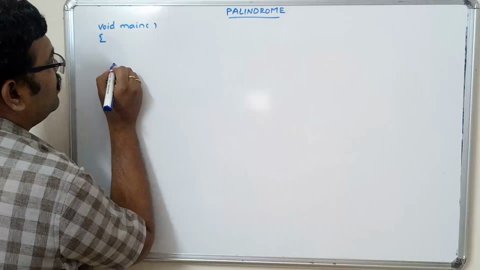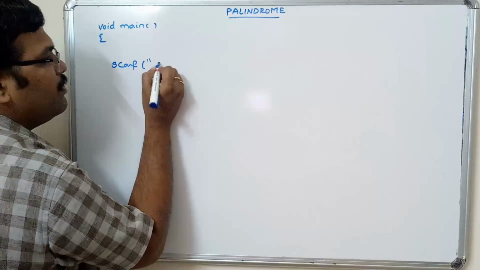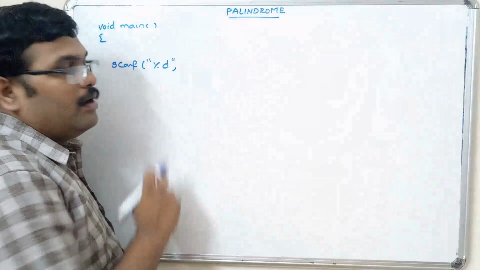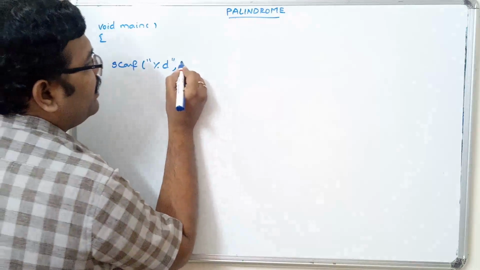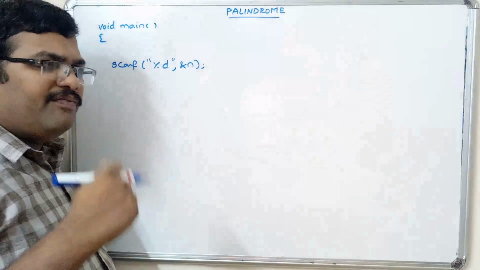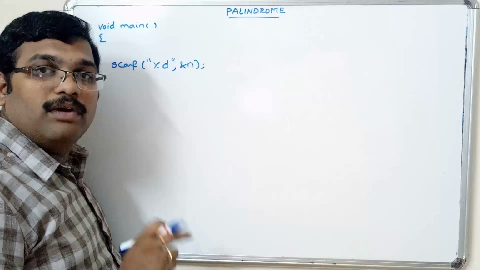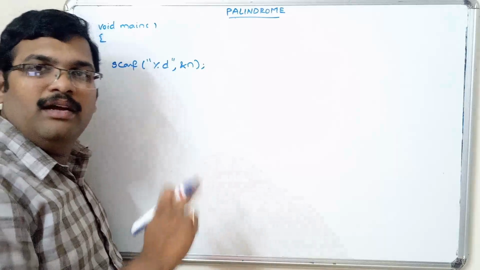Now directly I am writing the scanf. So for checking the palindrome, I am reading a number. So I am reading the number into n value, and after reading the number and after calculating the number, we have to compare it with this number, and we are updating this n value in the iterations.